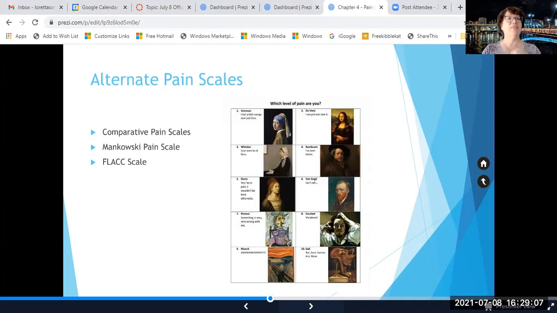So is their face scrunched up? Are they flailing their arms and legs? A is activity, it's not arms. Can they maintain an activity? Consolability, can you console them and kind of talk them down a little bit? And crying, are they crying?